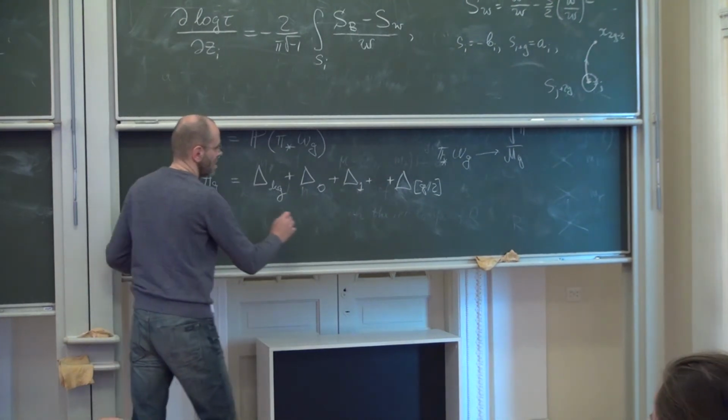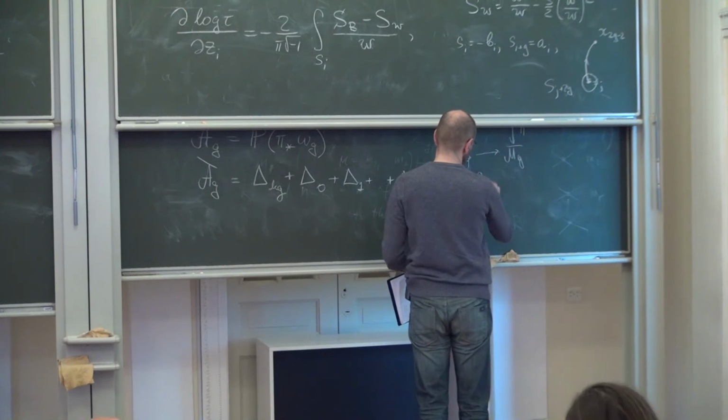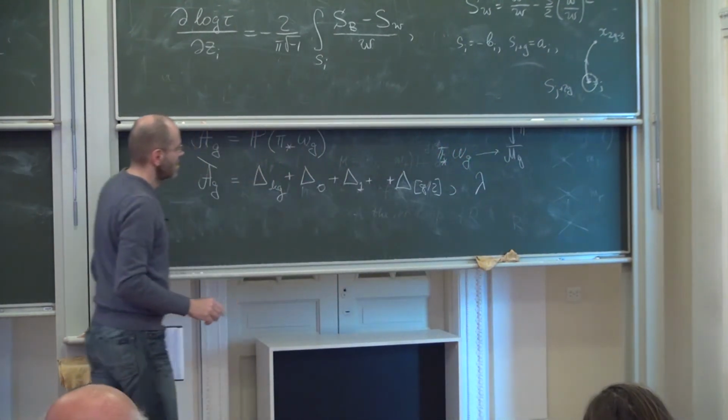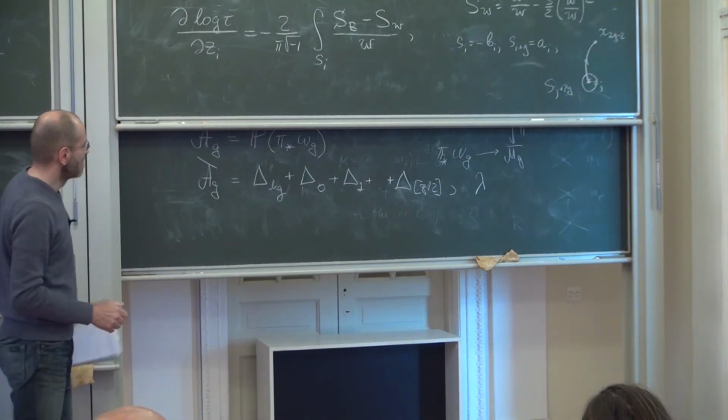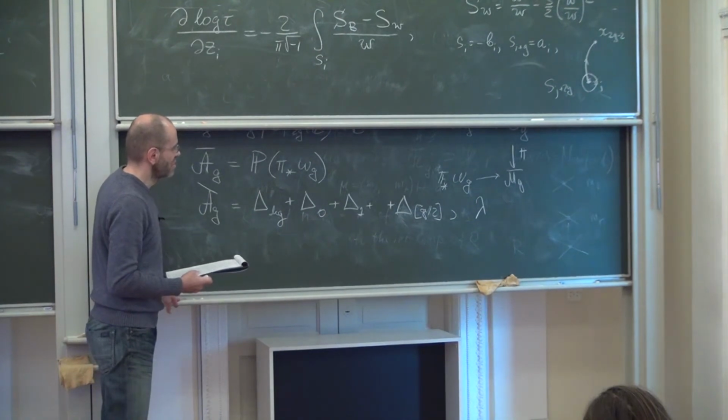They are the Hodge class, lambda, that I already mentioned, which is the pullback of the Hodge class on M_g bar.